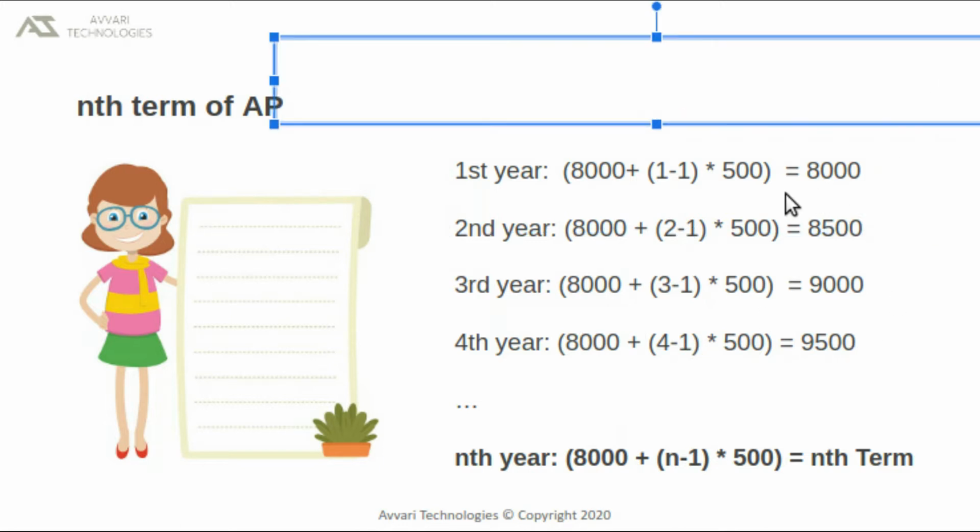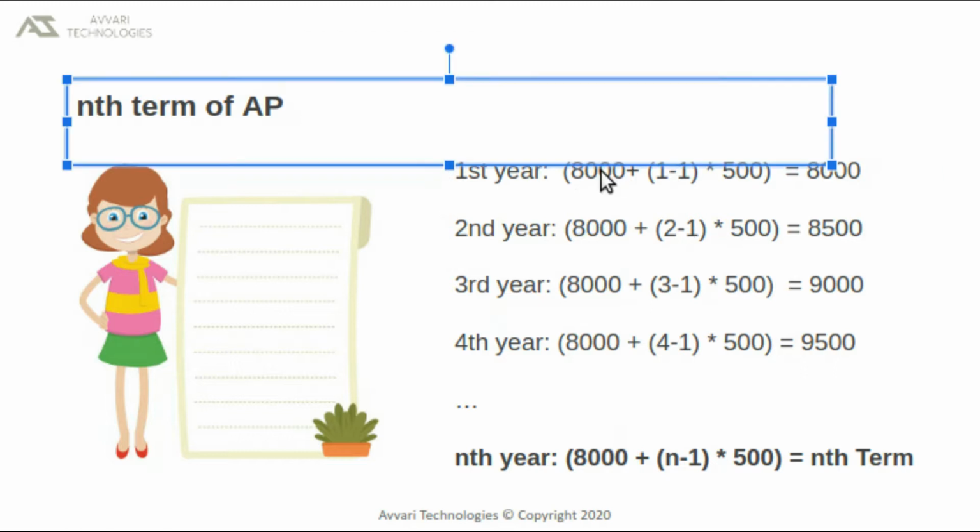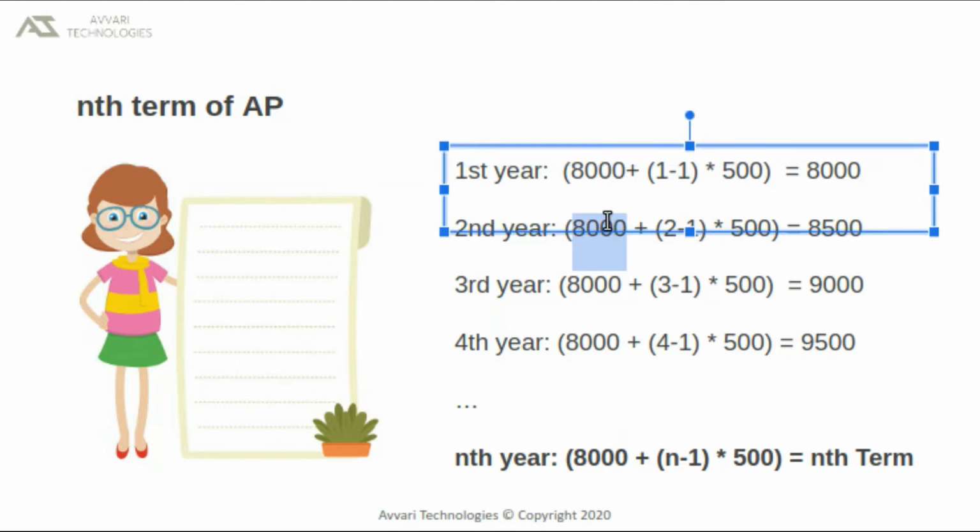Here we can see a pattern where the initial term is a constant, that is 8,000, and the common difference is constant, that is 500. The only thing that is changing with respect to the year is this part. For first year, that is 1 minus 1.